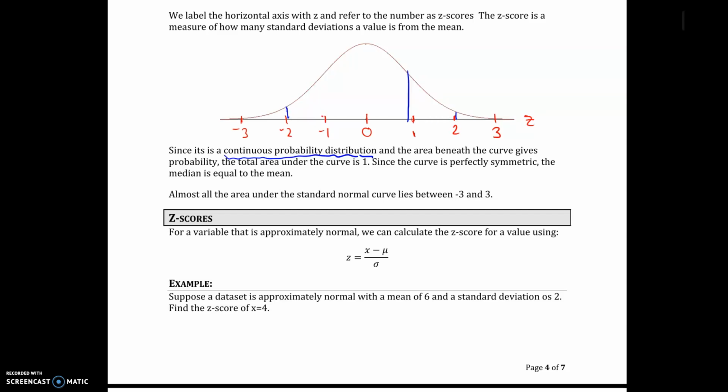The more area, the higher the probability that an event occurs. Okay, because our curve is symmetric, we know that 50% of the area lies below. We have a probability of 0.5000 of being below a value of 0, and we have a probability of 0.5000 of being above the mean, okay, or above 0.